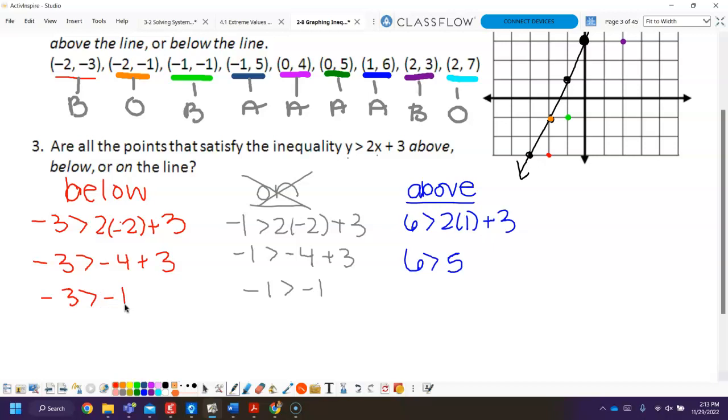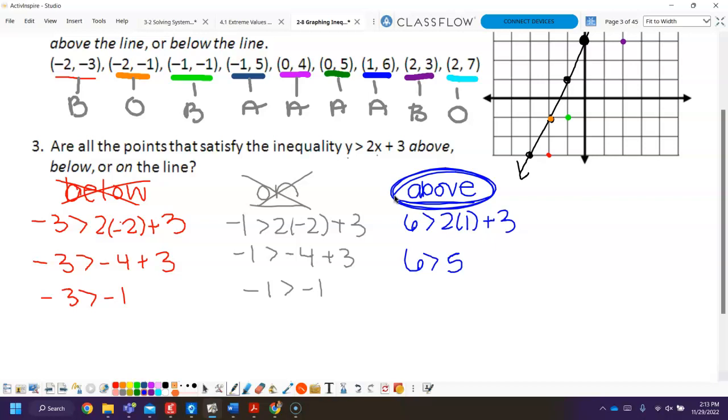So is -3 bigger than -1? No. So below doesn't work. Is 6 bigger than 5? So what that means is all the points above the graph work.